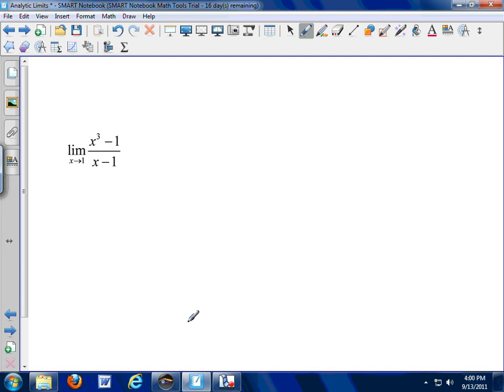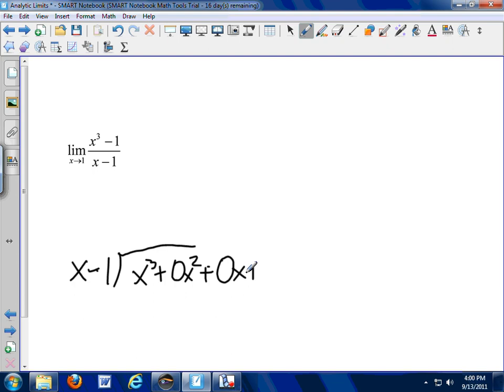We'll try a couple more, perhaps one that's a little more difficult. All right, remember x cubed minus 1 divided by x minus 1. I forget what that factored into, so I'm going to quickly do the division. I think it's x squared plus x plus something, but x cubed minus 0x squared, plus 0x squared plus 0x minus 1.